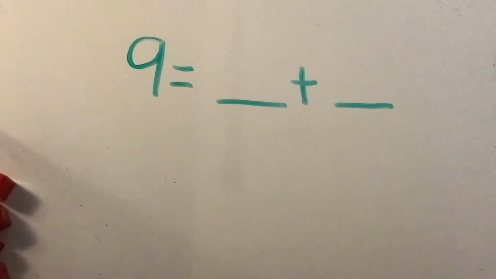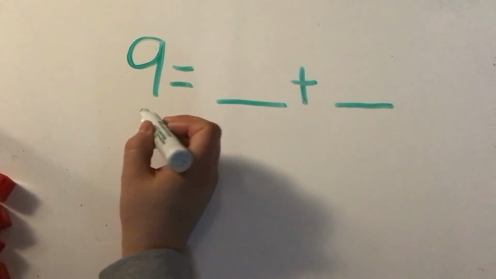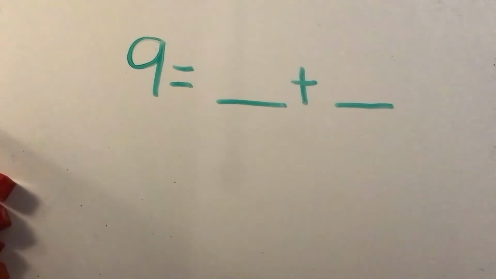Some were vanilla and some were chocolate. How many of each kind did she have? So our question is how many of each kind? So your job is to figure out how many do you want to be vanilla and how many do you want to be chocolate, knowing we only have 9 cookies.